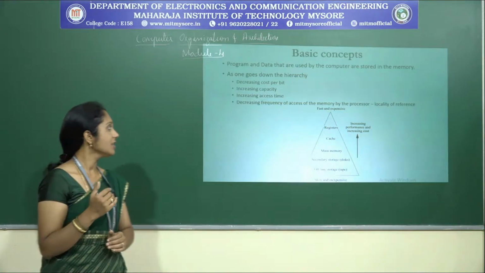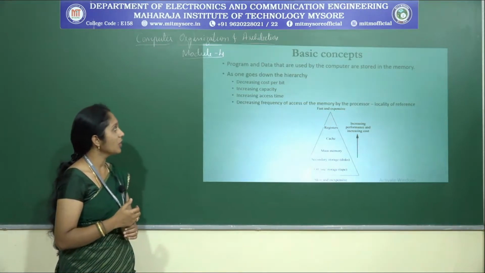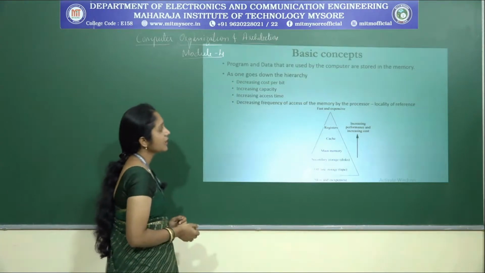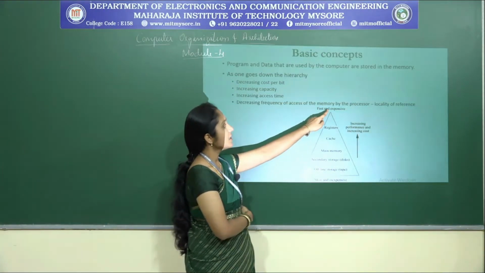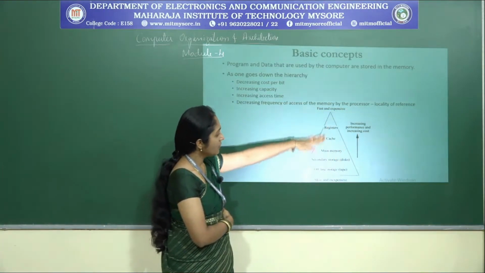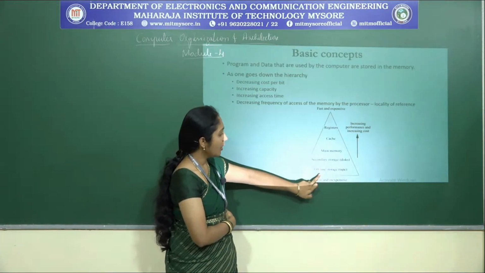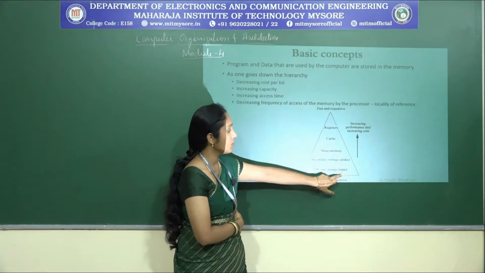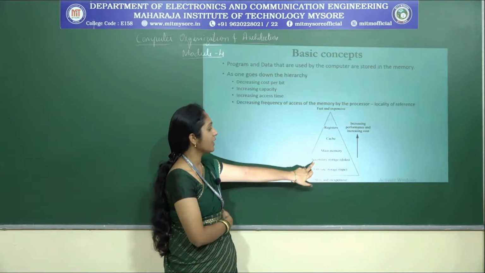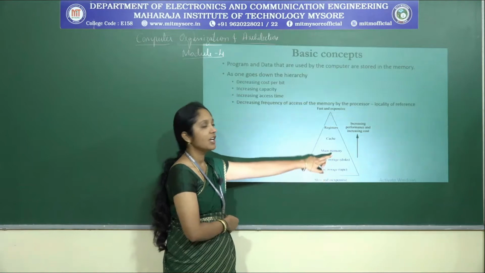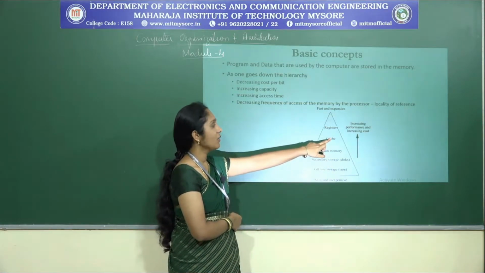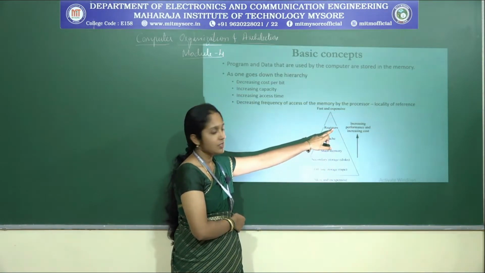If you consider the hierarchical structure of the memory, you can see here the fast and expensive end. This is the hierarchy of the memory. At the base we have offline storage, tape, then the magnetic disks, which are secondary storage, then main memory, then cache, and then registers.